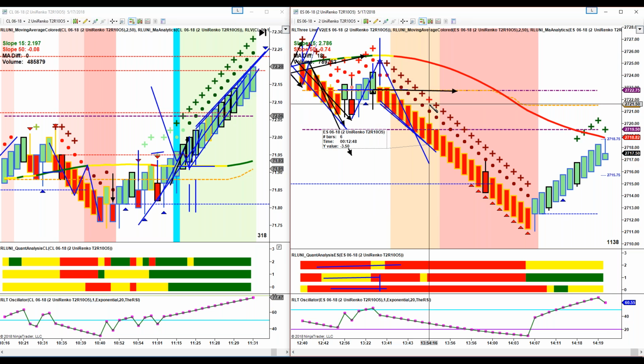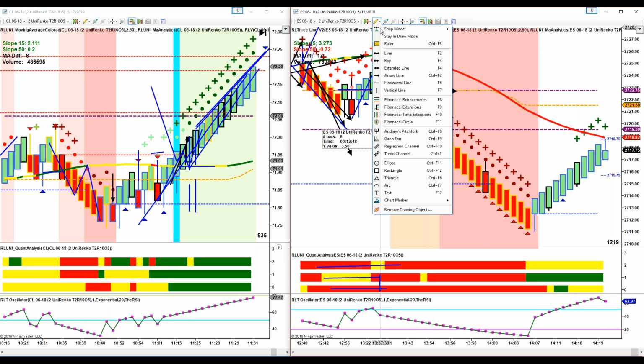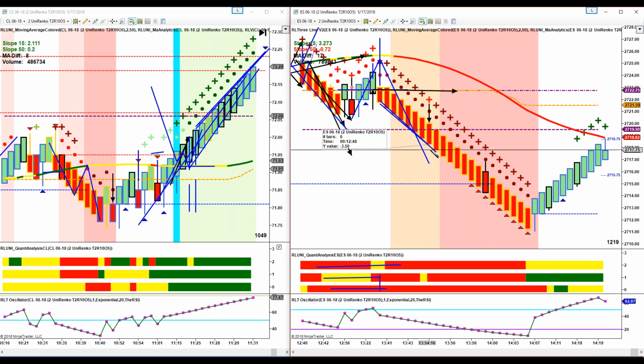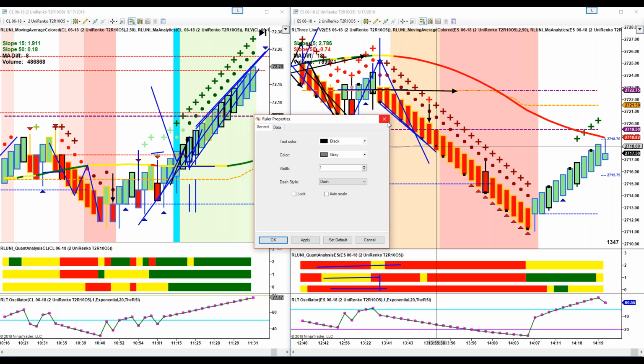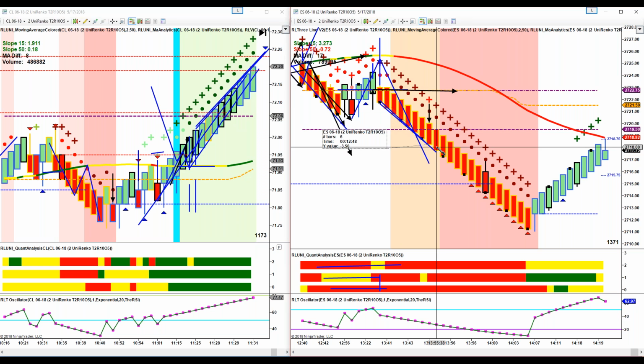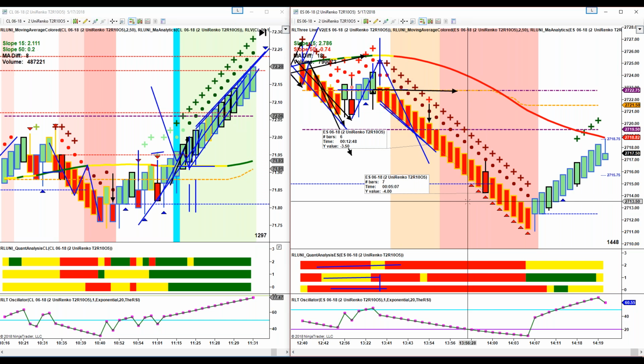Go right back in here. There's your big wick. And you're going to go from here down to here. 4 points. That's 350 bucks. So right here, you're going to make between $600 and $700 on this move down.